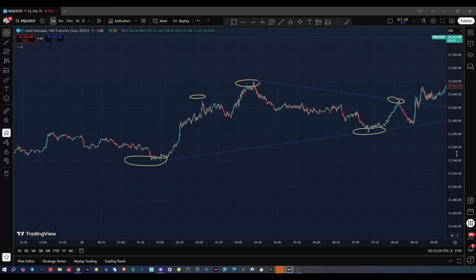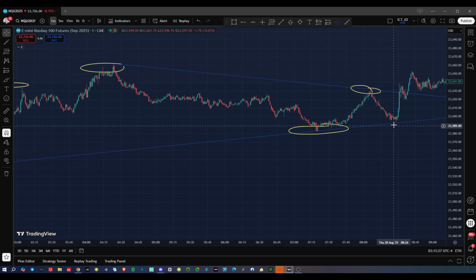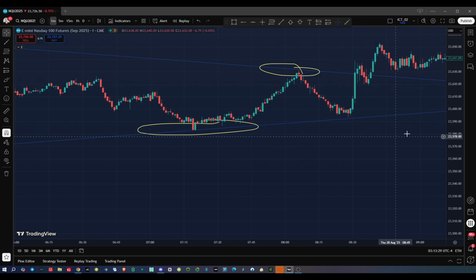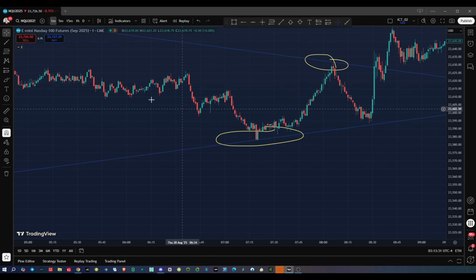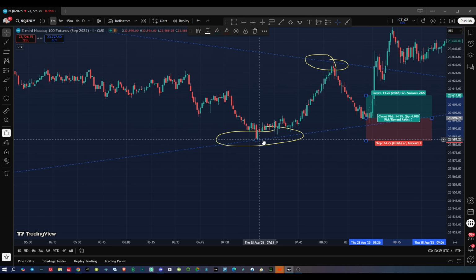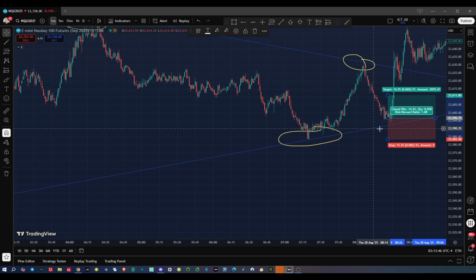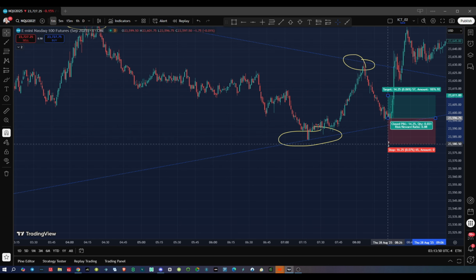Just looking at this, you could have taken that long here, and I'm going to show you how I would take that. For example, a buy somewhere here with a stop loss. I would take either the swing low here, with the stop loss below this level, or I would go a certain number of points away from that trend line.